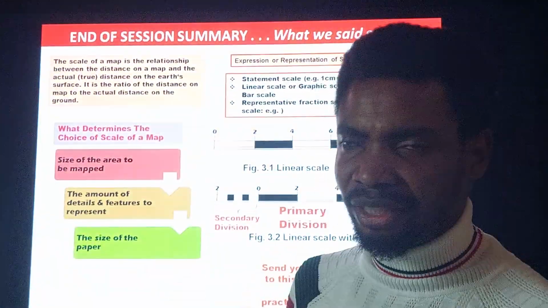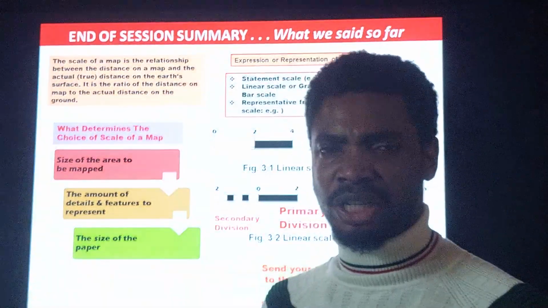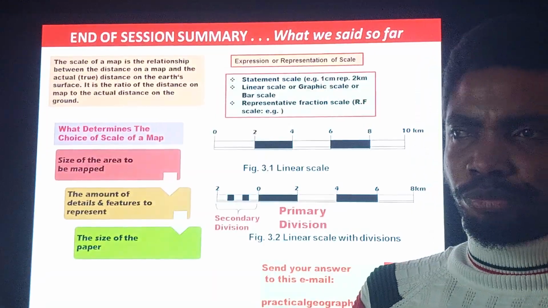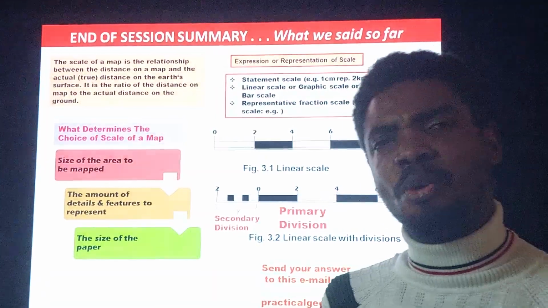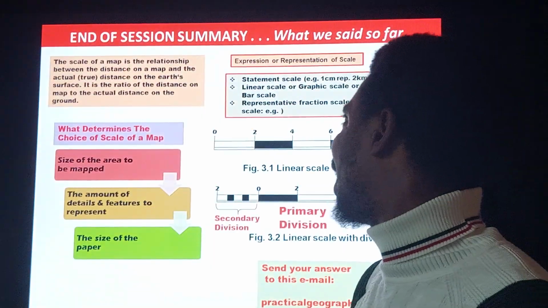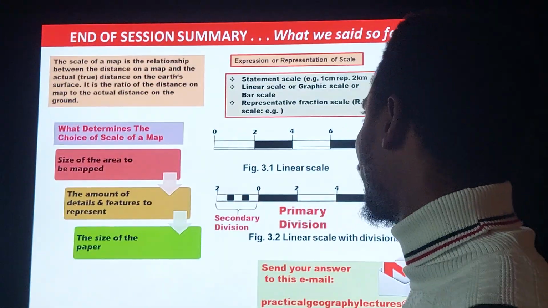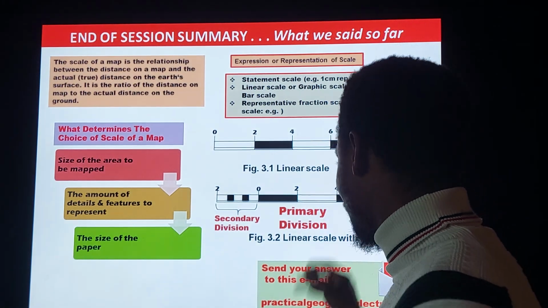And then number 3 is the size of the paper available. Now, I said there are 3 ways of expressing our scale. The first one is a statement scale. The second one is a linear or graphic format scale. Then number 3 is the representative fraction. And we have the example here.